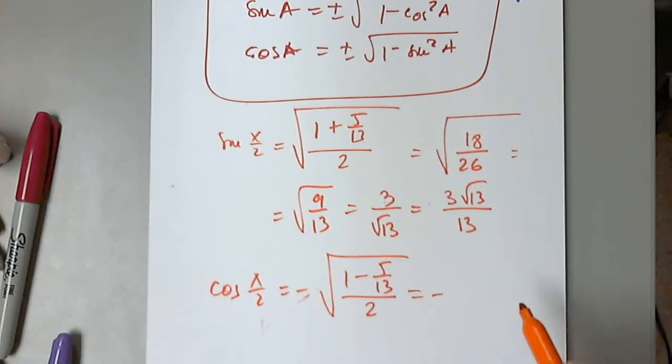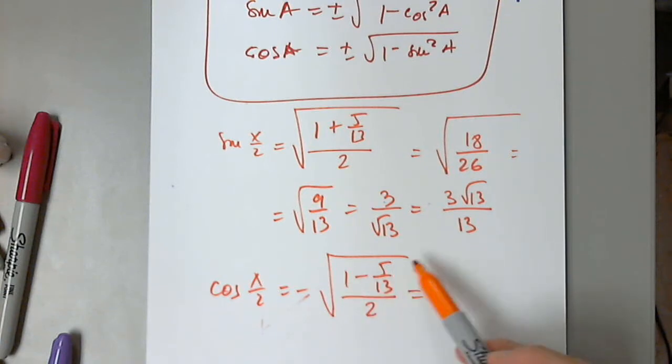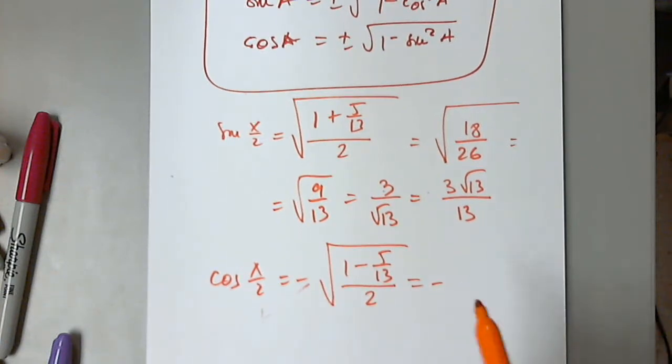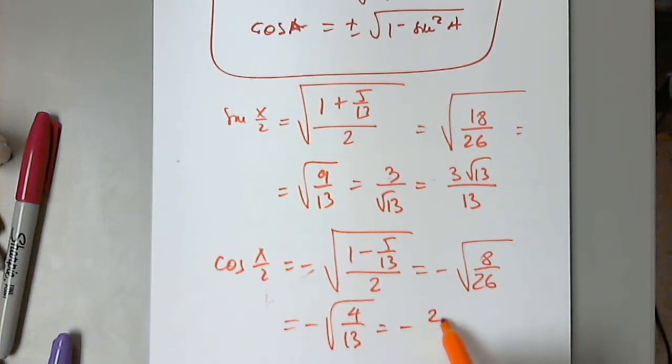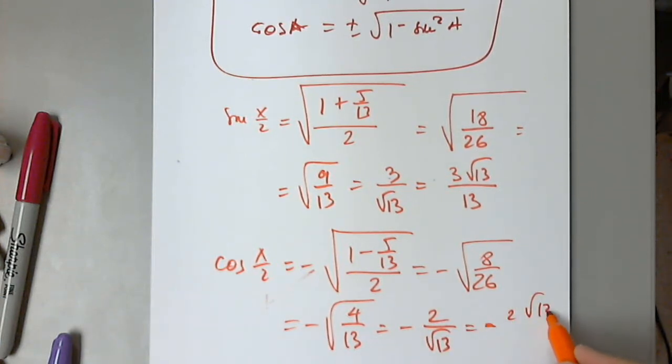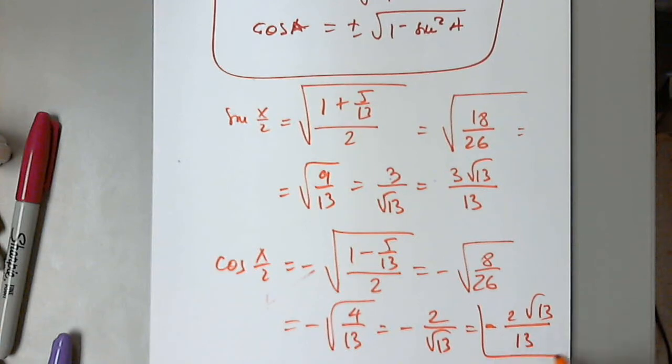So from here we have 13 minus 5, which is 8. So 8 divided by 26, or 4 divided by 13, or 2 divided by the square root of 13, or negative 2 square root of 13 over 13.